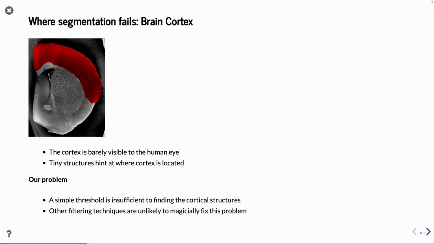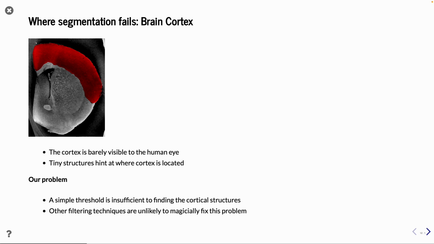Another one is the brain cortex, which is in this area of the image, and now it's marked out with red as the ground truth. But looking at the image, you would see that there is almost no contrast difference. There are no clear boundaries.